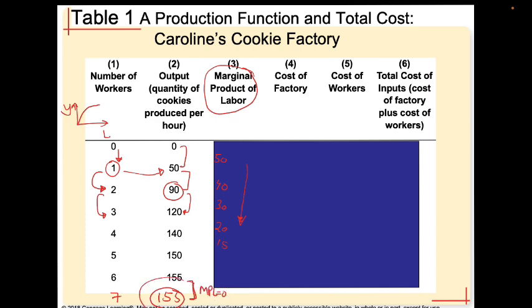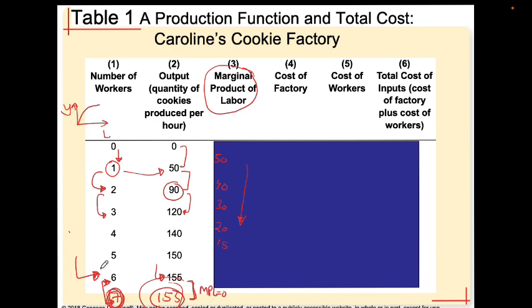And you can decide that six is the right number of hires. It doesn't make sense to hire the seventh person because he's not causing the output to increase. So by looking at the marginal productivity of labor, you can decide that the firm should be using six people in this case.